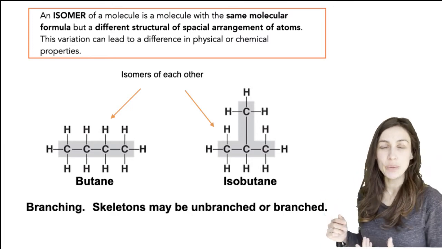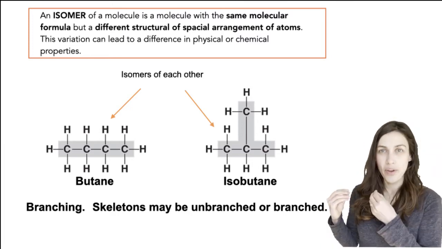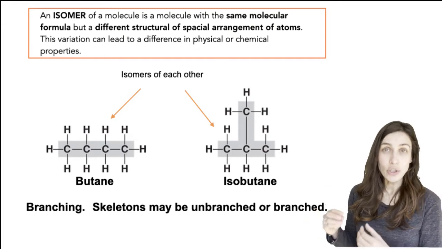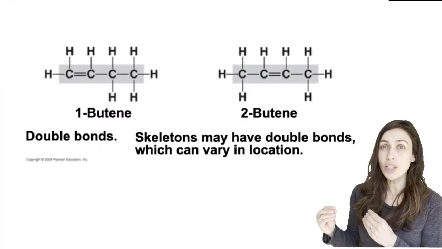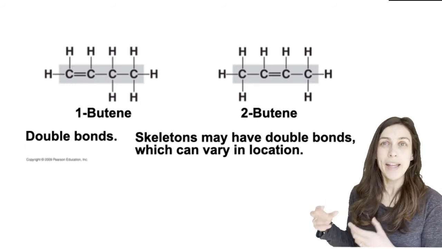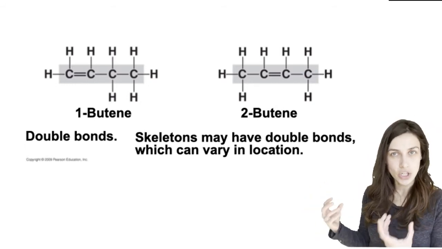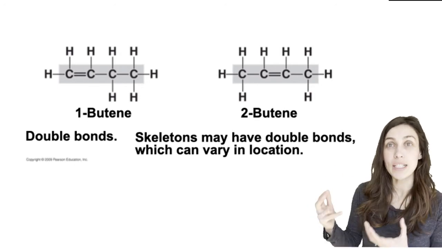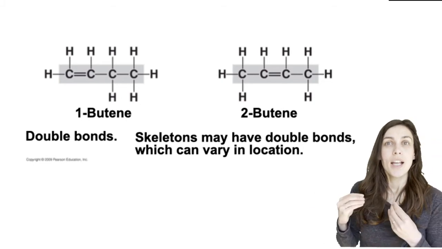In addition to being of various lengths and branched or unbranched, hydrocarbons can also have double bonds between the carbons. And this significantly changes the structure and therefore function of these molecules.